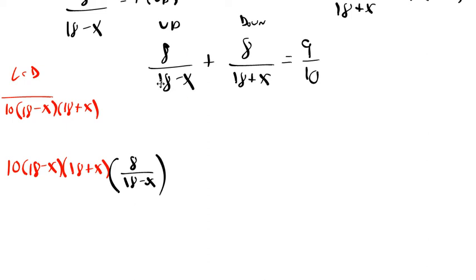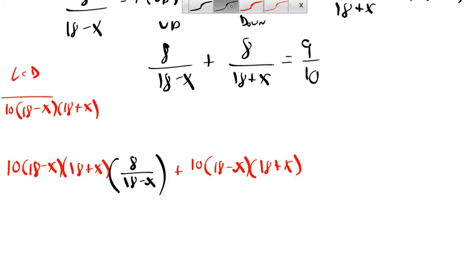I just multiplied this whole thing by our LCD. Plus, multiply by the LCD again, 10 times (18 minus x) times (18 plus x). It's like the never-ending problem, man. But never-ending nerdiness, that's what I'm talking about.